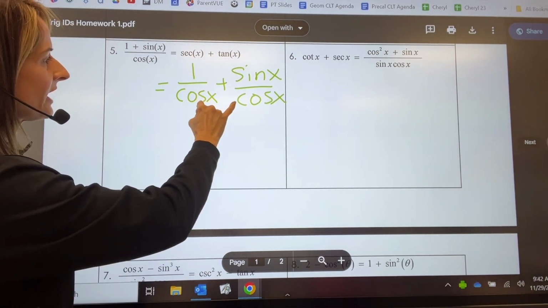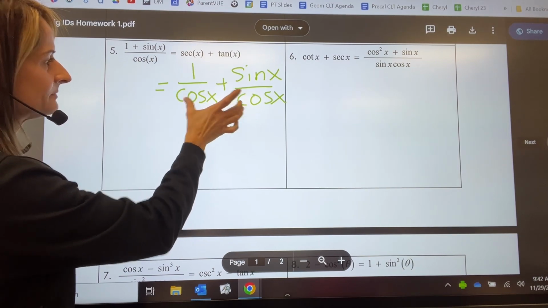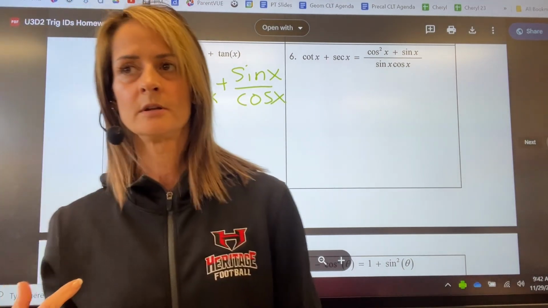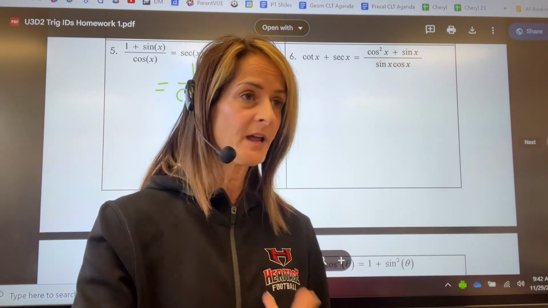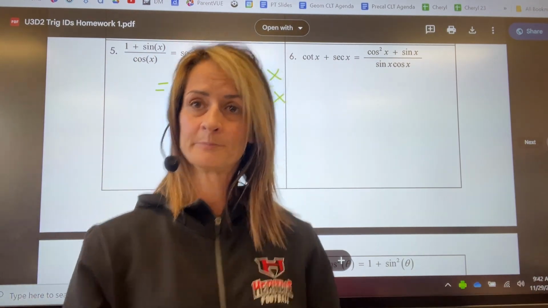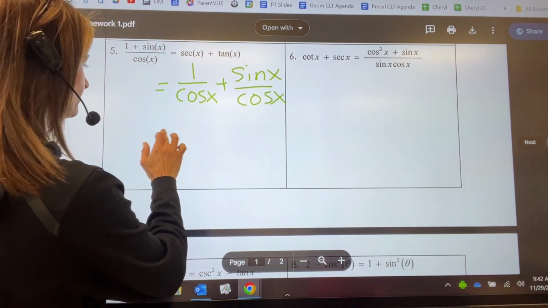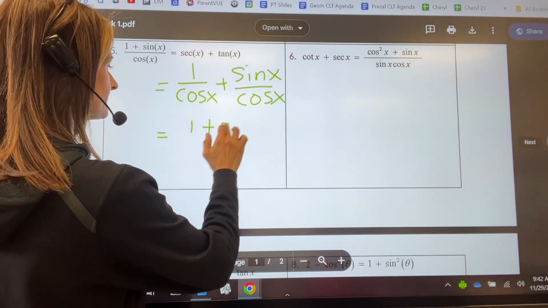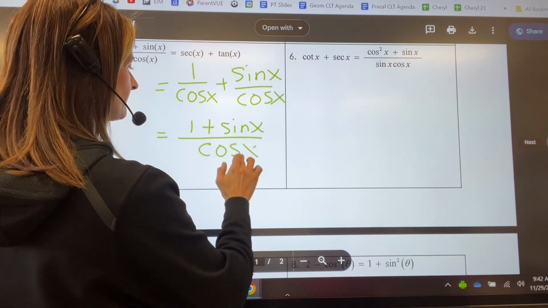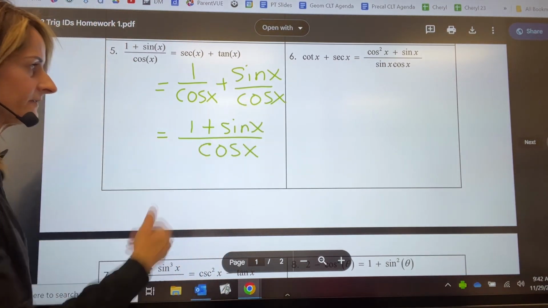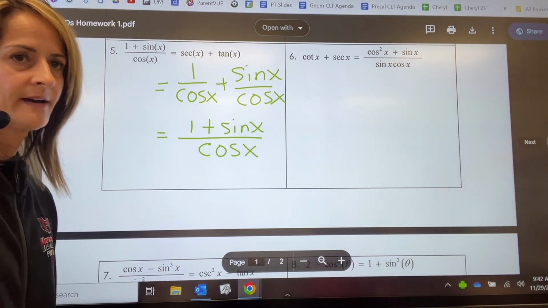Now I have 2 fractions that have the same denominator. And back from algebra 1, when we had 2 fractions that had the same denominator, we can now add them. So this is equal to 1 plus the sine of x over the cosine of x. Is everybody okay with why I'm just writing cosine of x and not 2 cosine of x or cosine squared?